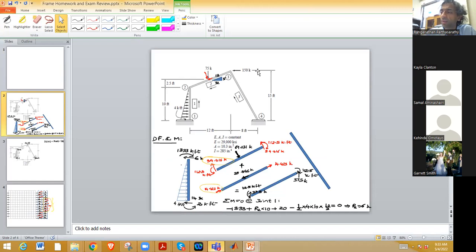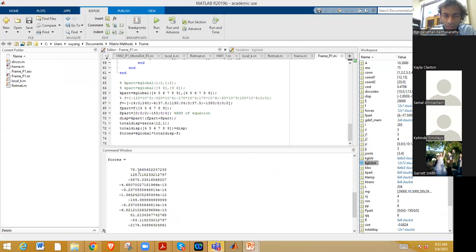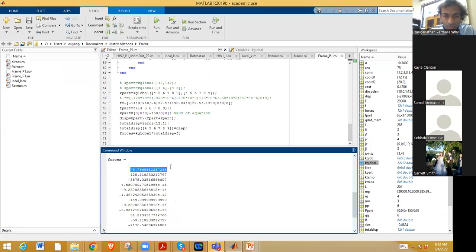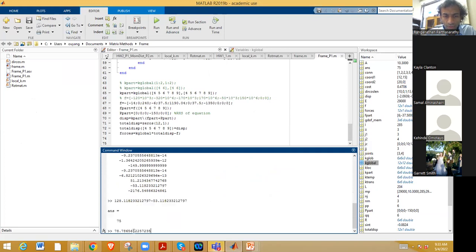So totally you have 130 to the left. So you must be getting positive 130 total, this plus this. Okay, so that is balanced.